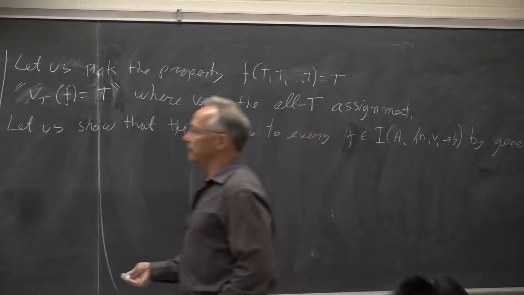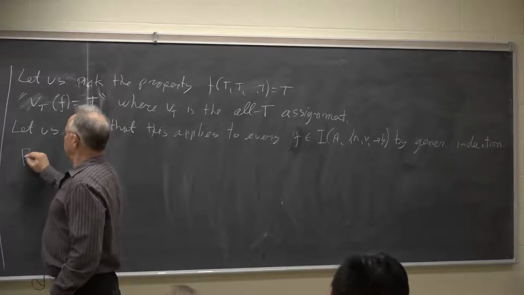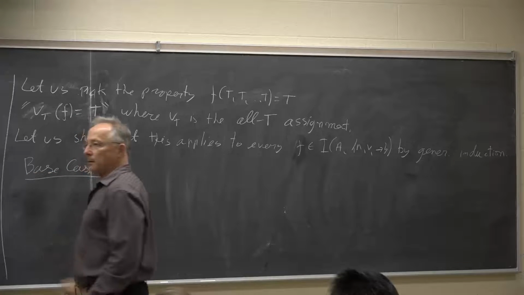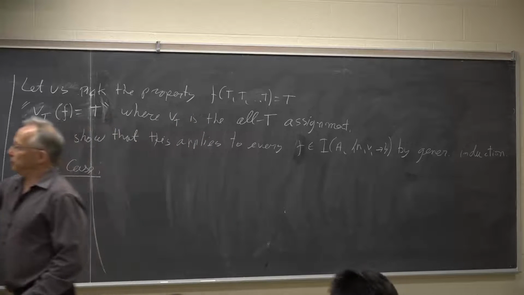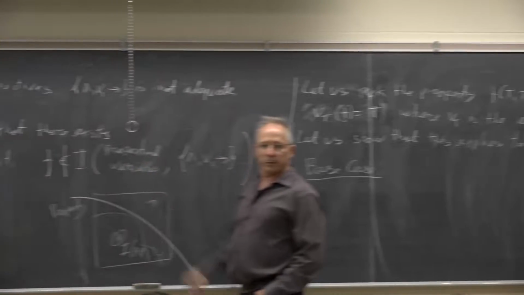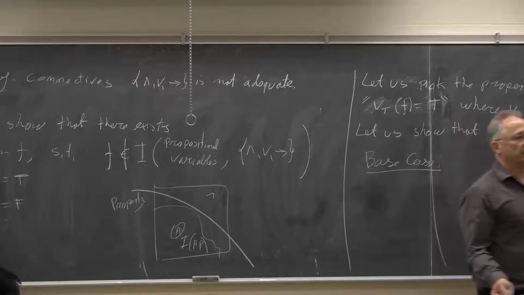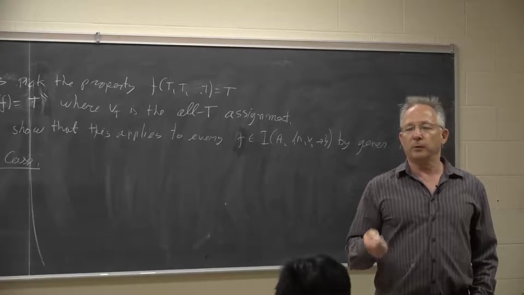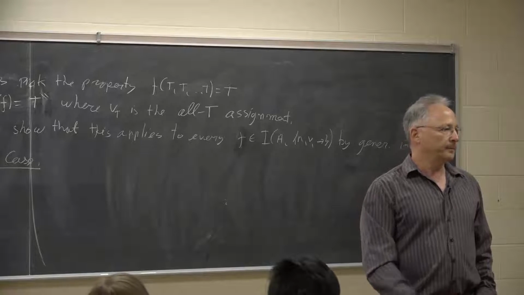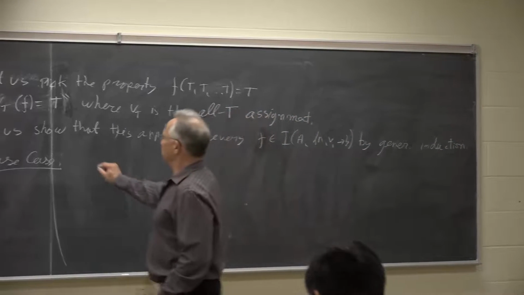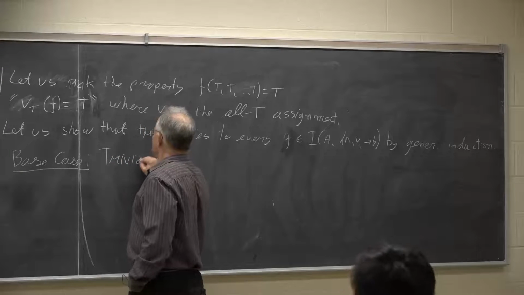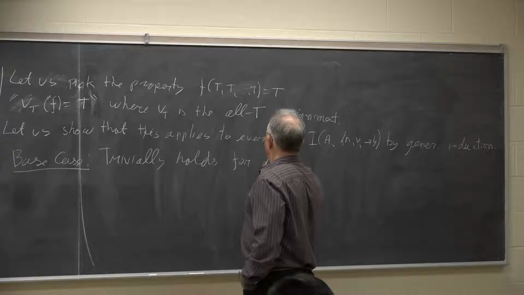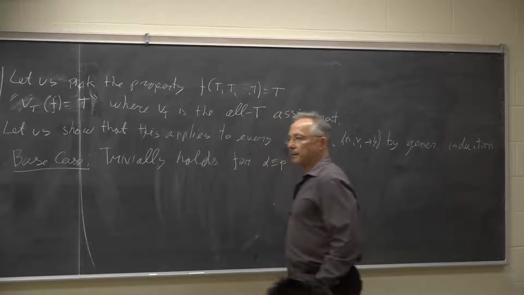What is the base case of the induction? I have to treat the propositional variables. But the propositional variables are the identity functions. If I take a propositional variable and substitute t, what I get out is t. So this trivially holds for alpha equals p, for any p.